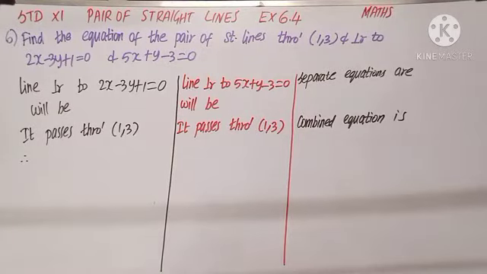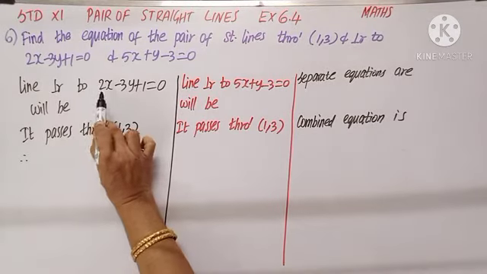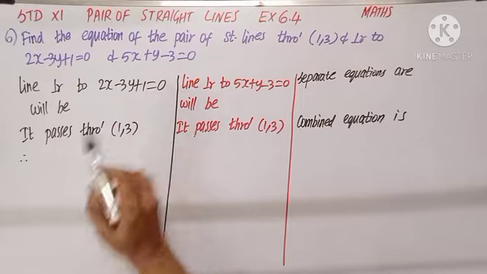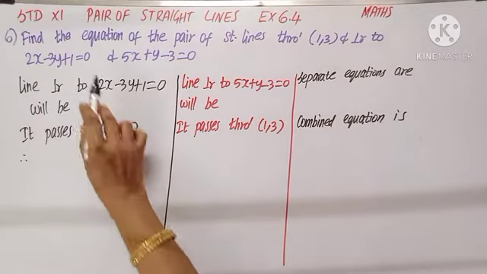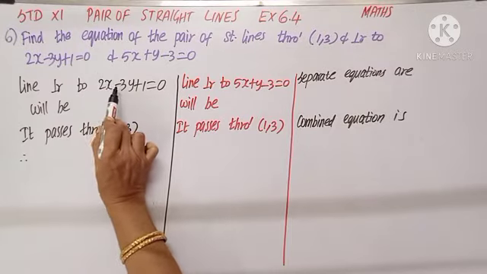Question number 6. Find the equation of the pair of straight lines through (1, 3) and perpendicular to 2x minus 3y plus 1 equal to 0 and 5x plus y minus 3 equal to 0. Given 2x minus 3y plus 1 equal to 0, the perpendicular line will be: interchange the x and y coefficients and change the symbol.